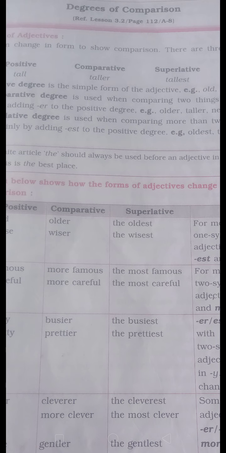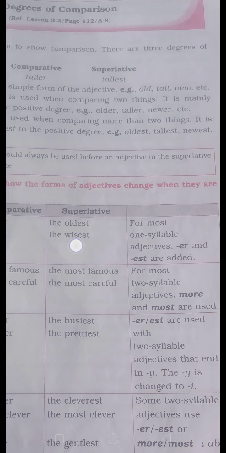Like the word careful, it has two syllables, so we do not write carer or carest. We write more careful or the most careful in the comparative and superlative forms of the adjective.